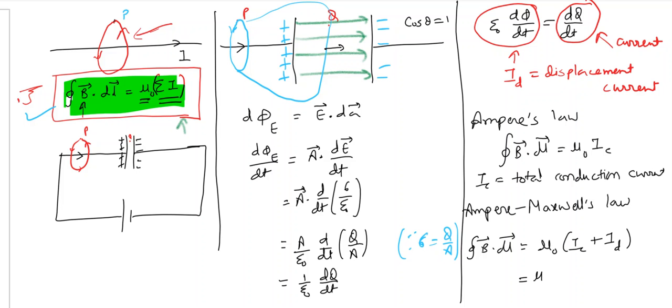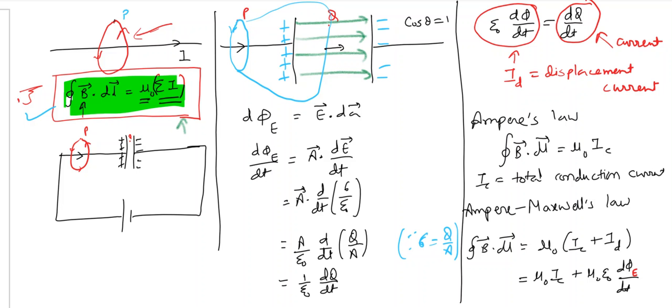So you can write it as mu 0 IC plus mu 0 epsilon 0 d phi E by dt, where phi E is electric flux.